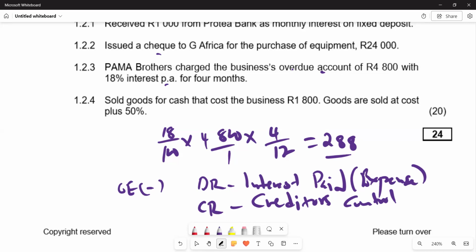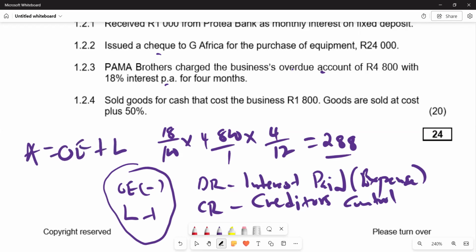So whenever we credit a liability, it's a plus. So you see that we have got a negative and a positive. Remember our accounting equation says assets equals owner's equity plus liabilities. So this double entry is affecting this other side, which is why we're having a negative and a positive.